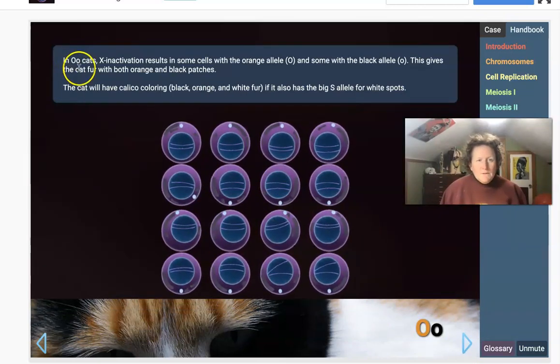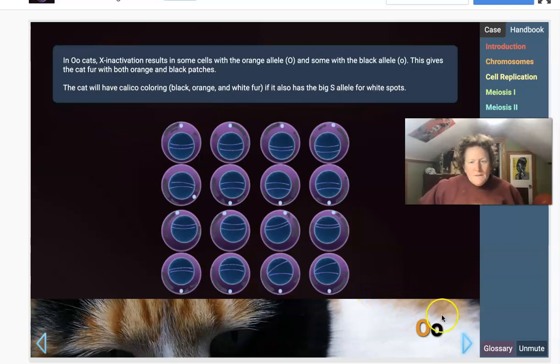In heterozygous big O little o cats, the X inactivation results in some cells with the orange allele and some with black. This gives the cat both orange and black patches. Depending on which X chromosome they inactivate, if the cell inactivates the orange chromosome, that particular cell will have the black allele, the little o allele, and make black fur.